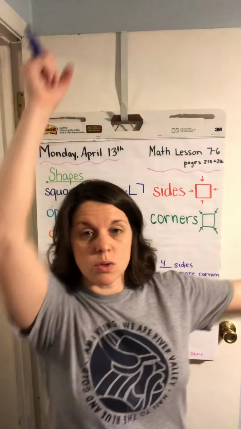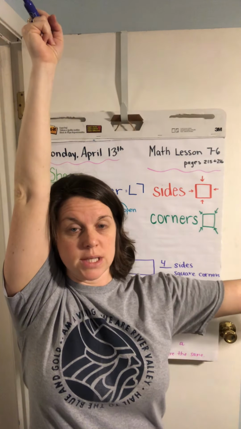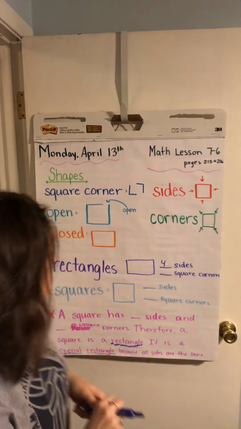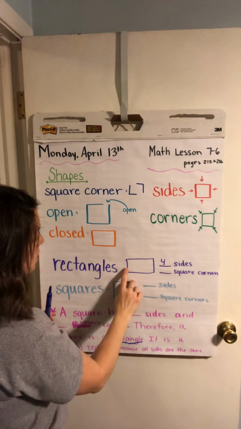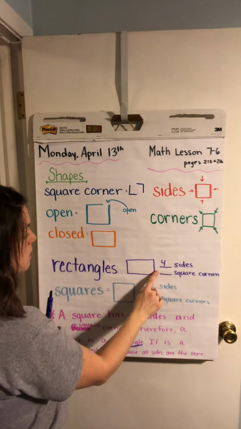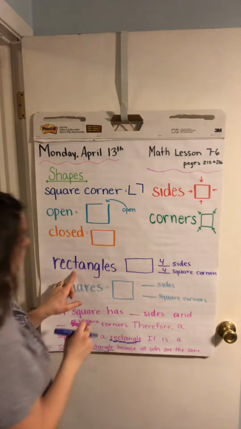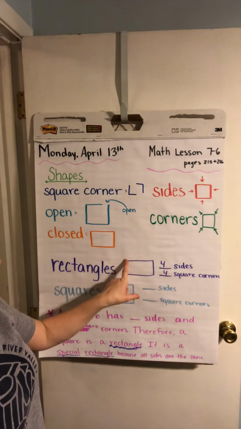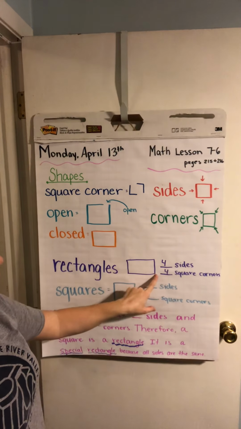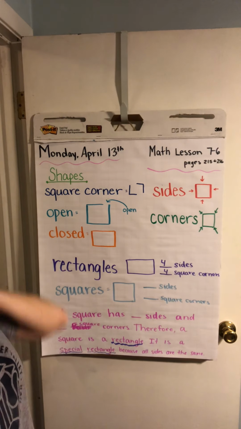Okay, they have those corners that are like this. They're not any smaller. They're not any bigger. Okay, they're just like this, like an L. So you can see one here, here, here, and here. So that's 1, 2, 3, 4. So 4 square corners for a rectangle. Okay, and you could describe their sides too. You can see that it has 2 longer sides and 2 shorter sides. That's what makes a rectangle.